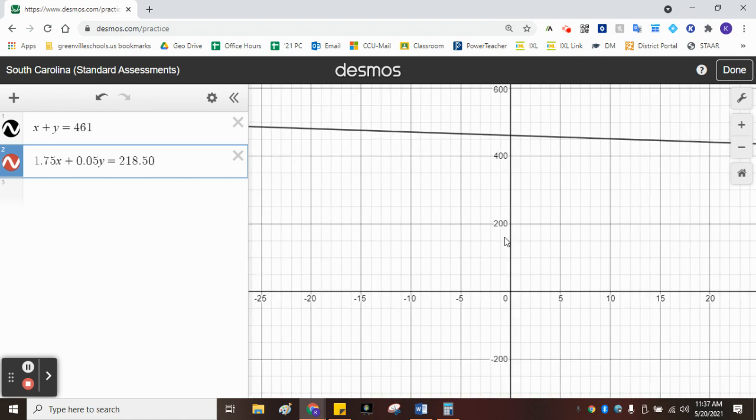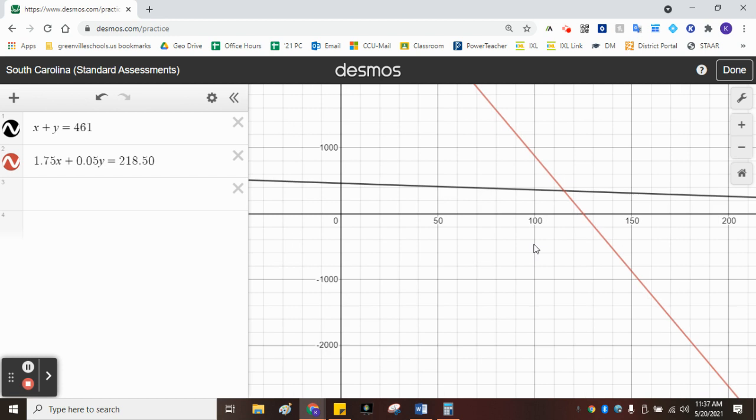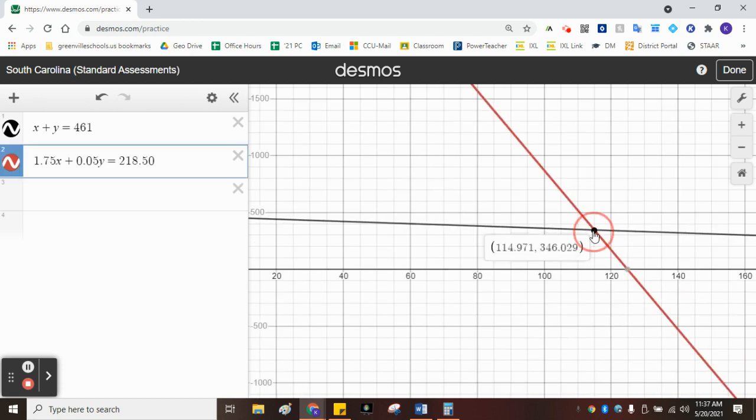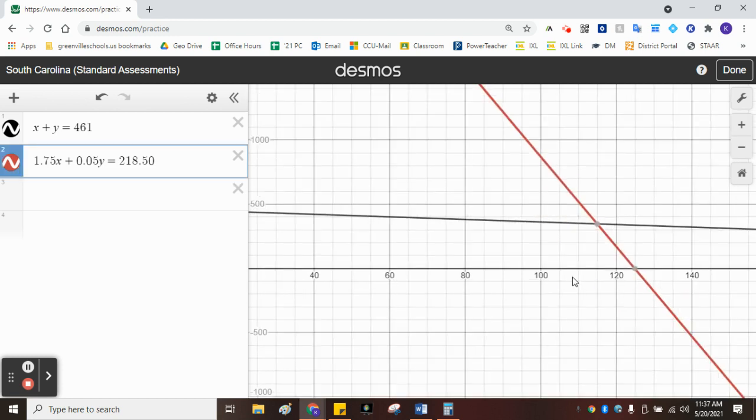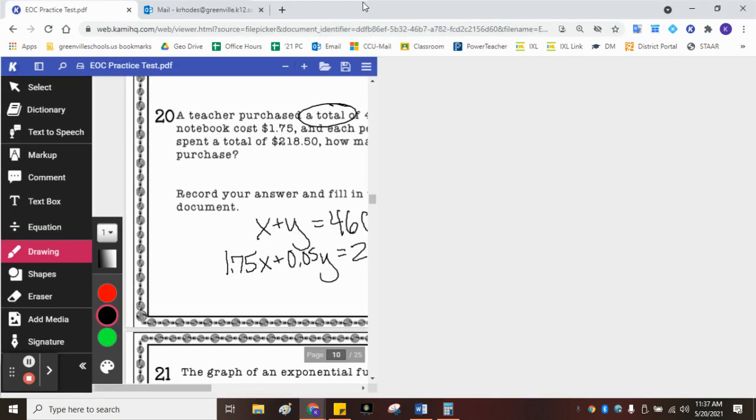Where they intersect is our solution. So 115, 345.